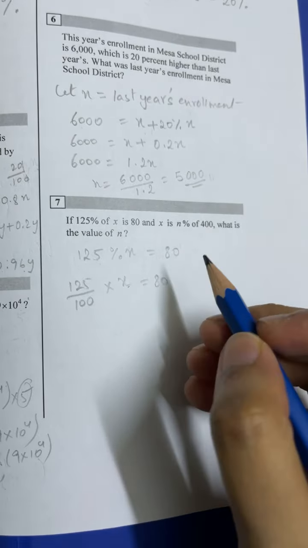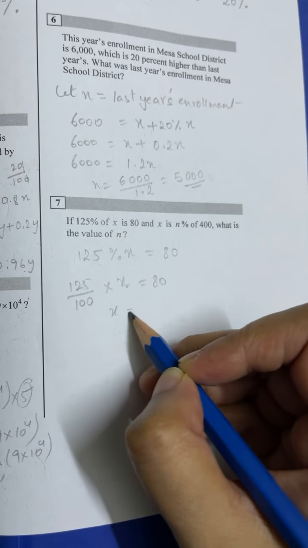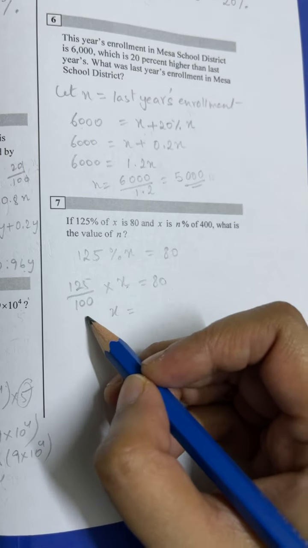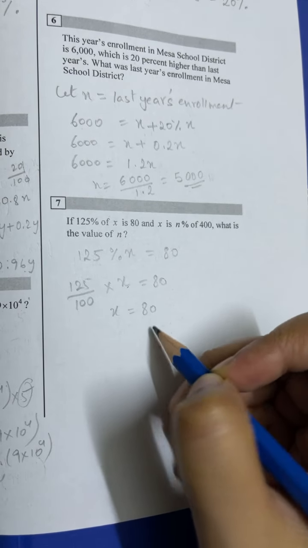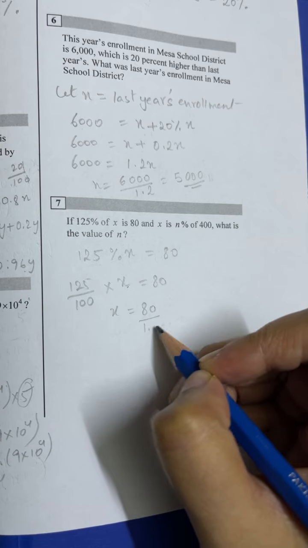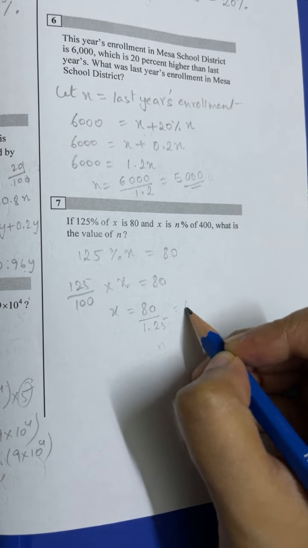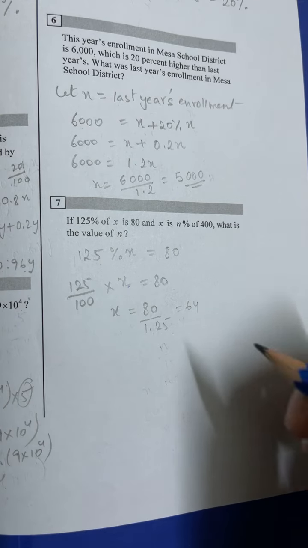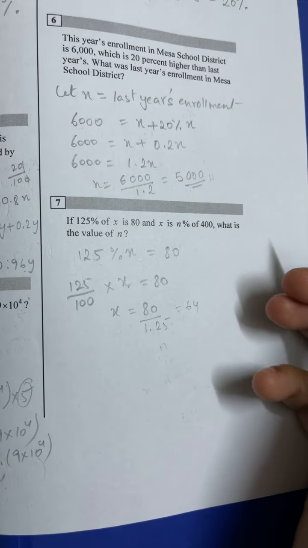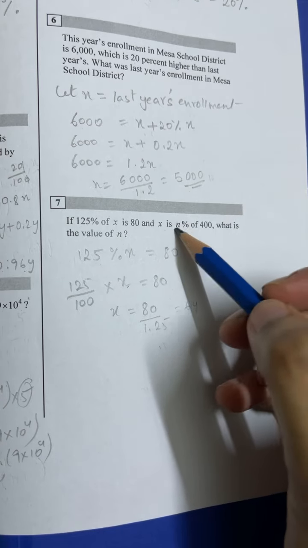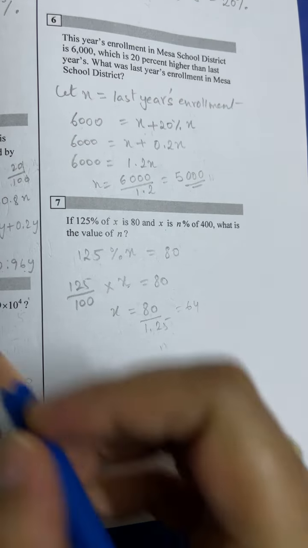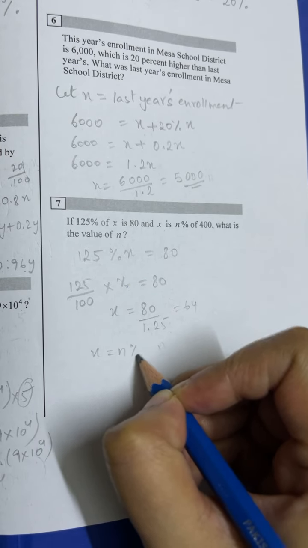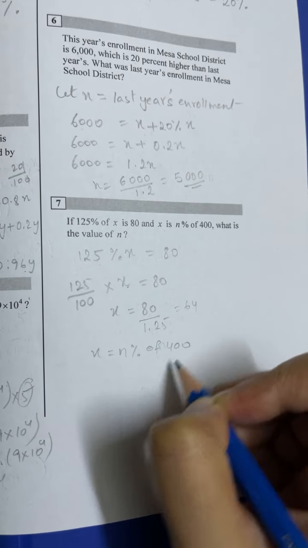Now what is x? We are going to find that x is equal to 80 divided by 1.25, which is equal to 64. Alright, so we have found the value of x. Now it says x is n% of 400. So let's write down x is equal to n% of 400.